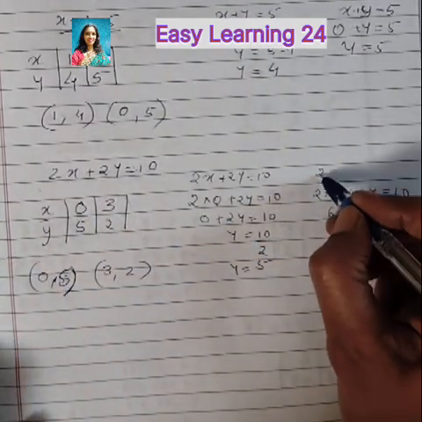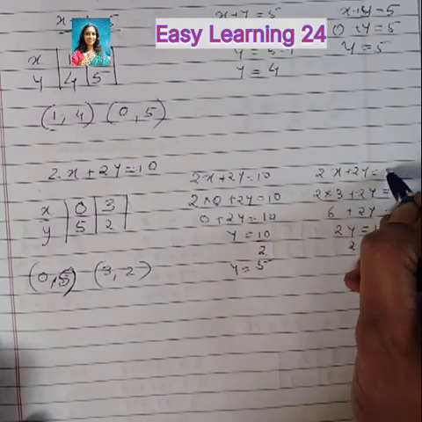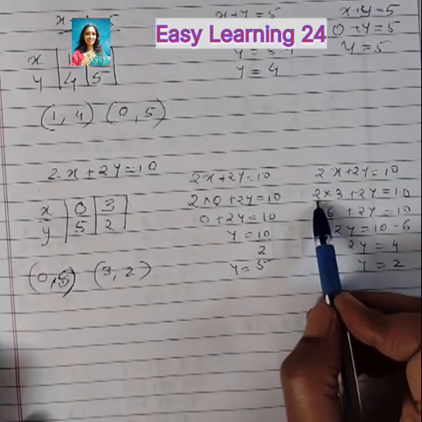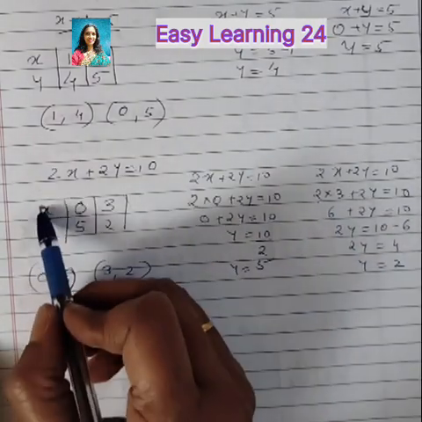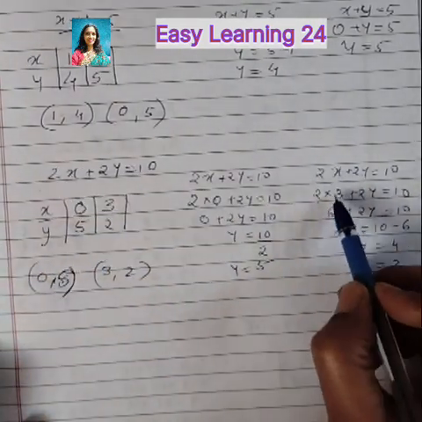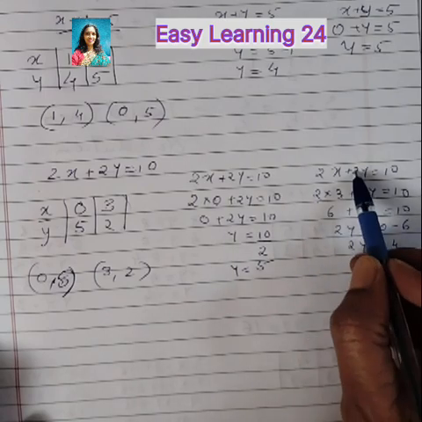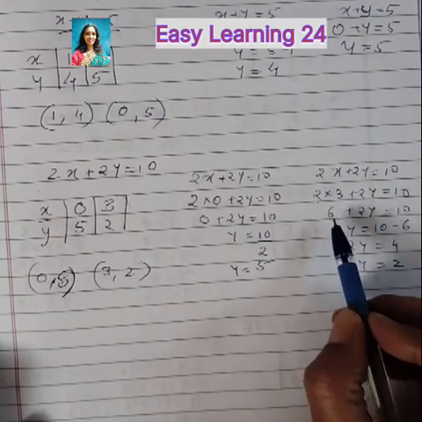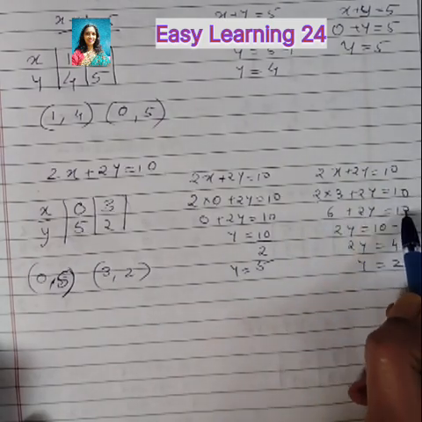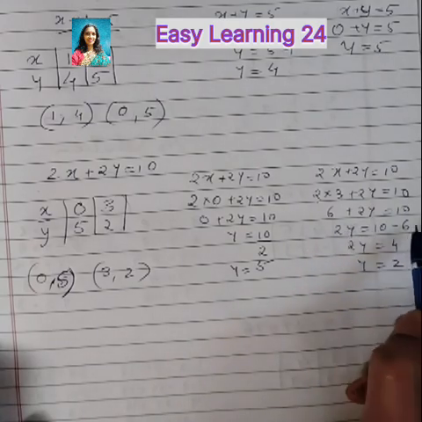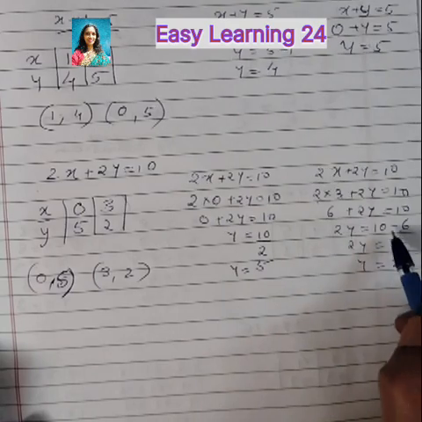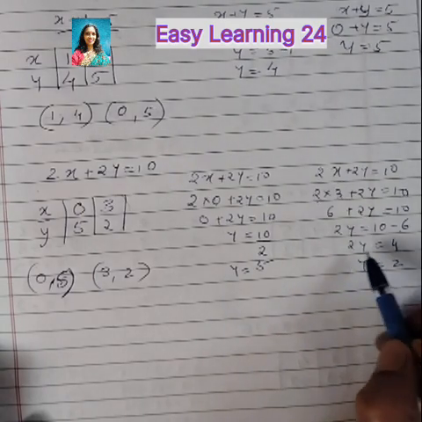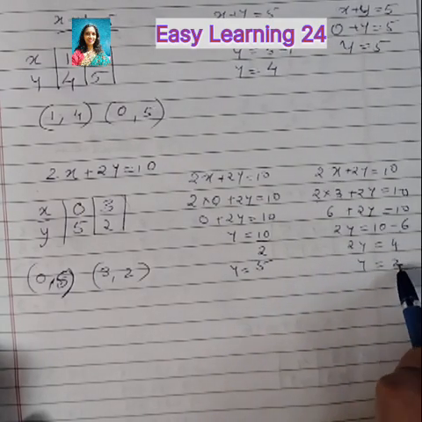Similarly, same line, 2x plus 2y is equal to 10. I have taken the value of x as 3 over here. So 2 into 3 is 6, 6 plus 2y is equal to 10. Therefore 2y is equal to 10 minus 6, which is 4. 2y is equal to 4, therefore y is equal to 2.